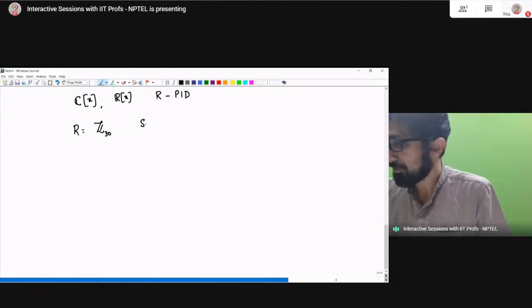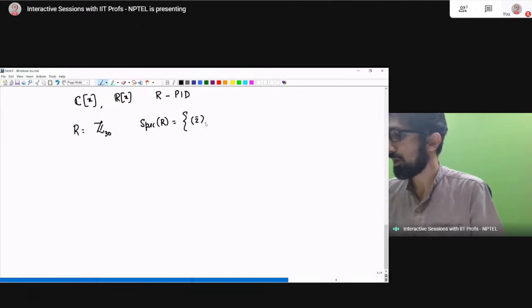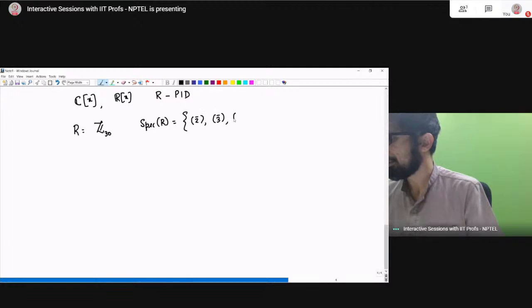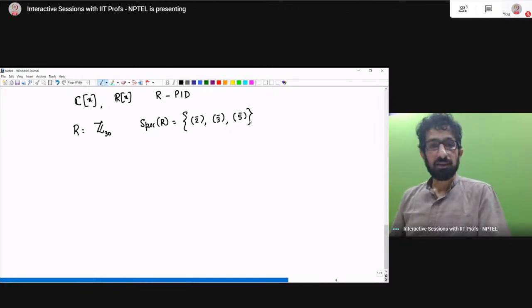What is Spec R here? Spec R is the ideal generated by 2 bar, the ideal generated by 3 bar, and the ideal generated by 5 bar. These are the three prime ideals of Z30.